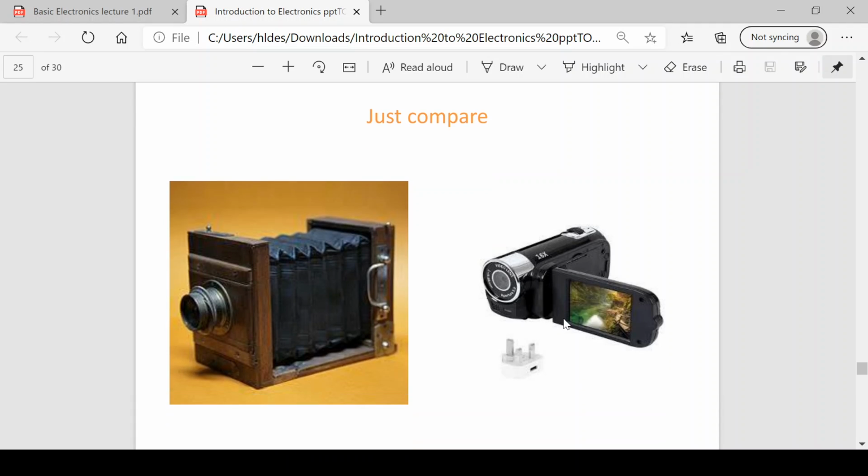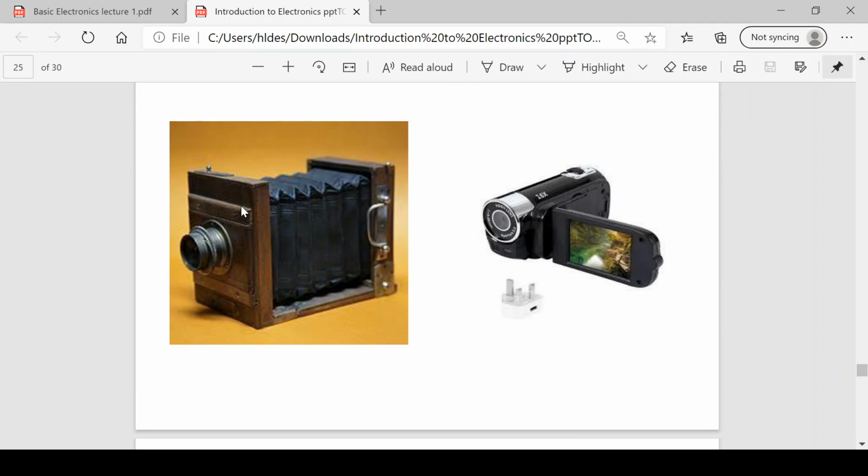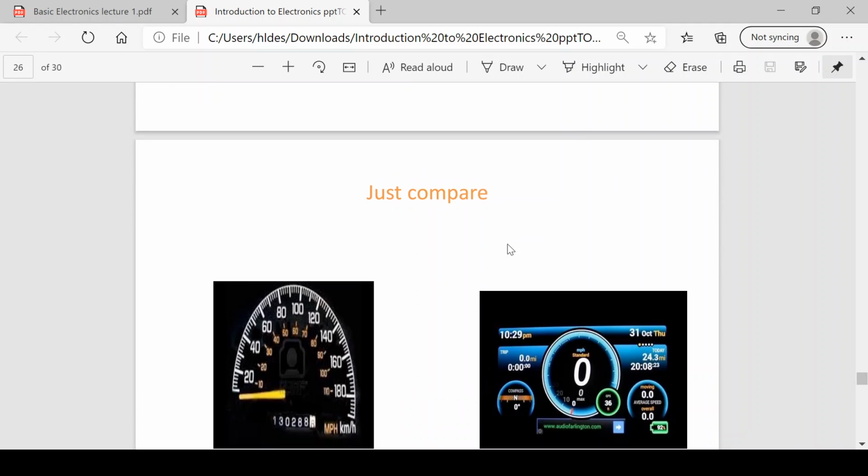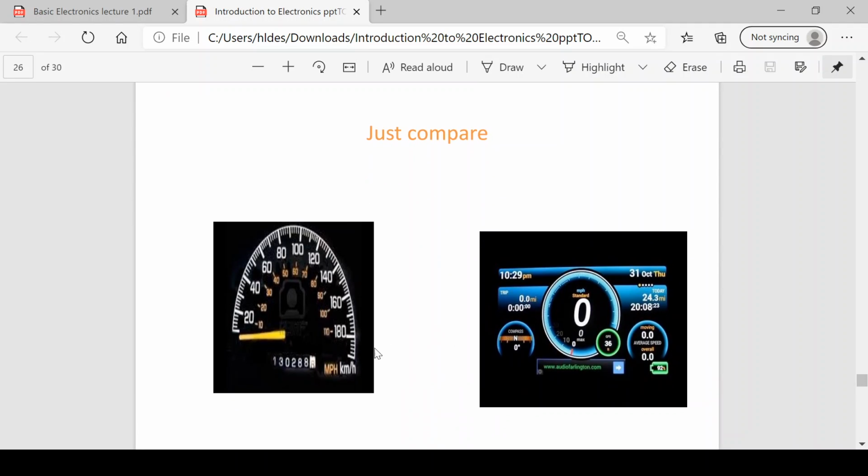The next thing is a camera. The earlier cameras, which we call traditional cameras or analog cameras, and look at the DSLR, which we use nowadays. Naturally the advantages are so many, and why it is advantageous will also be known to you within a few minutes. Just compare two kinds of displays.